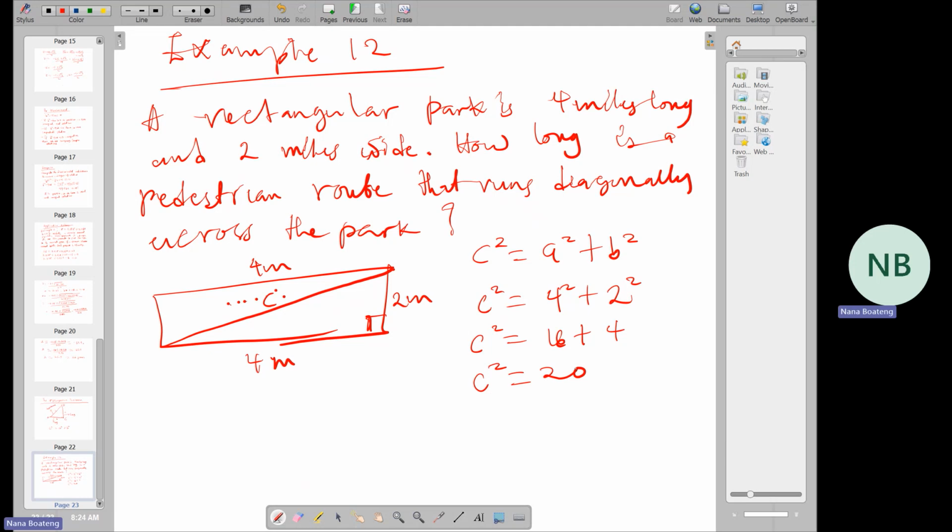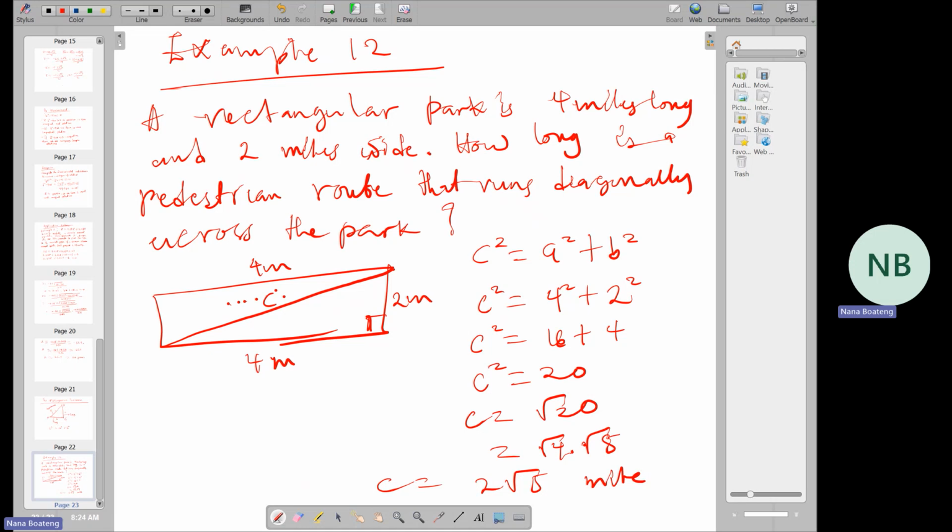So our c is equal to the square root of 20, which is the square root of 4 times the square root of 5. So the square root of 20 is 2 root 5. So c is 2 root 5 miles. So the length of the diagonal is 2 times the square root of 5 miles.